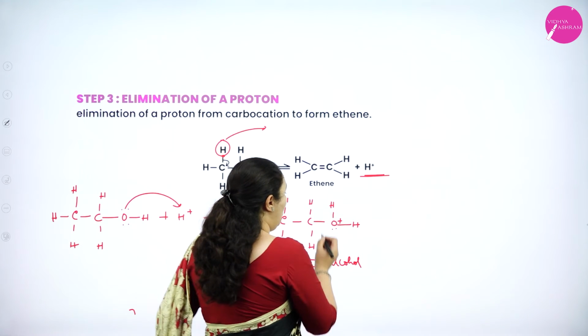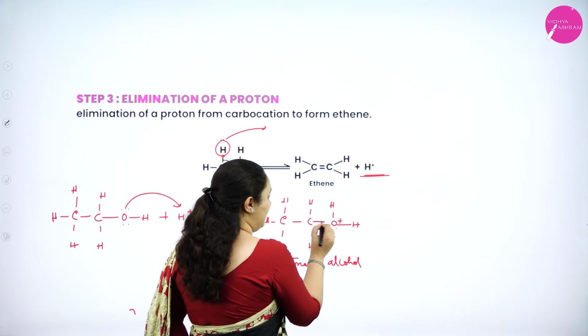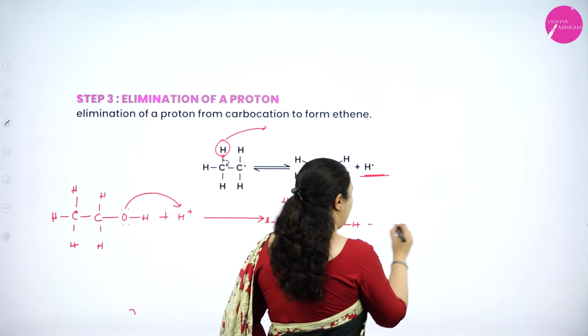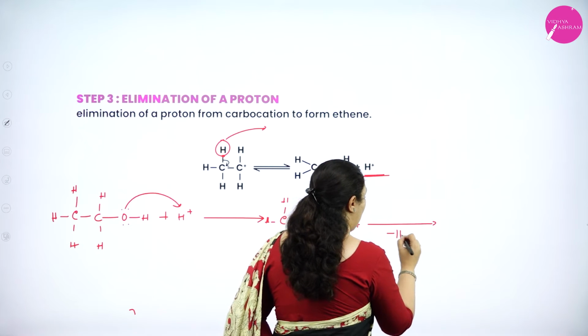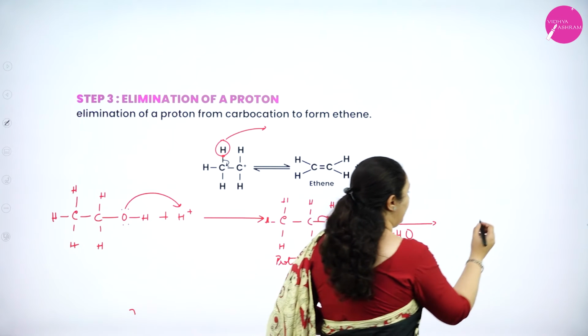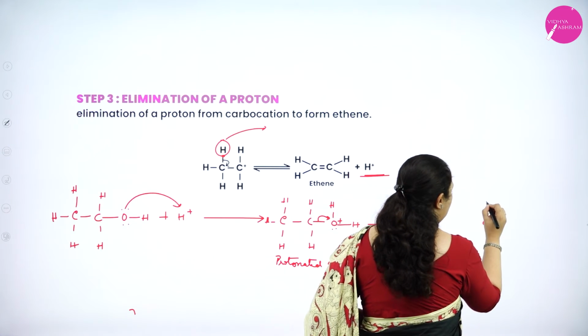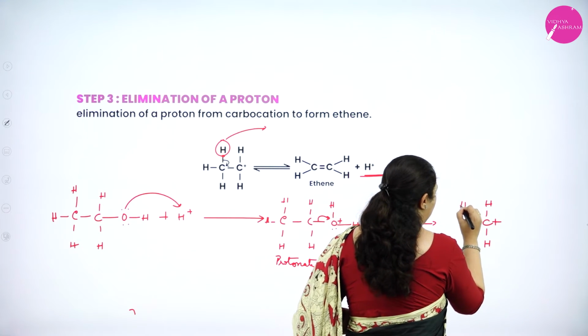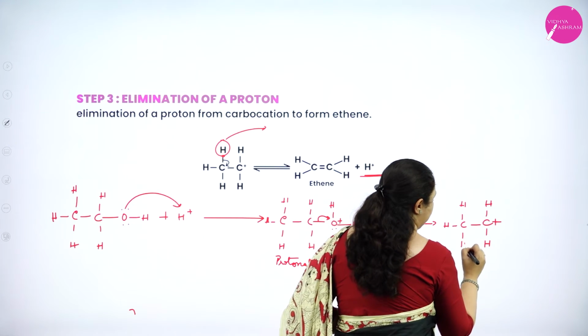Next, what will happen? Oxygen will take the electrons from the carbon atom and move out as a water molecule. So what are you going to get? You will remove one water molecule, minus H2O, and you will get a carbocation, carbon with the positive charge. You will get hydrogen, hydrogen, one more carbon with 3 hydrogen atoms.